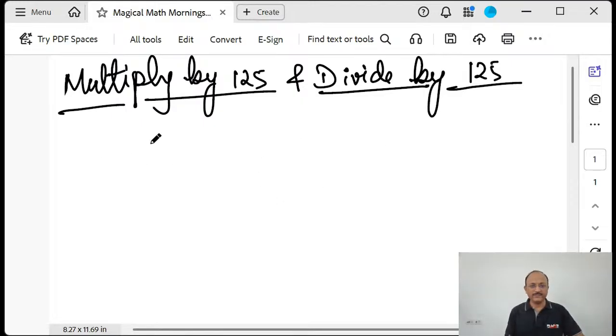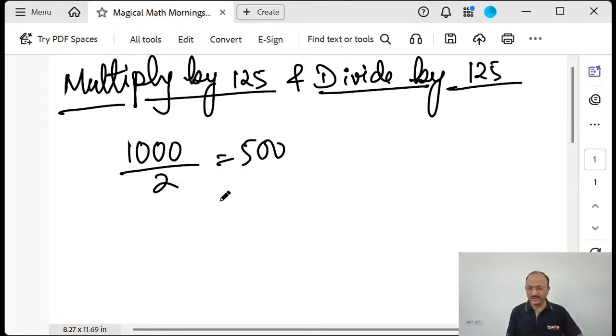How will we get it? Let's take 1000 divided by 2, that is 500. If we divide by 4, we'll get 250. That's why we used to do into 100 divided by 4 or into 1000 divided by 4, depending upon the number. 250. Correct? Now the same thing if you divide by 8, what do we get? 125.